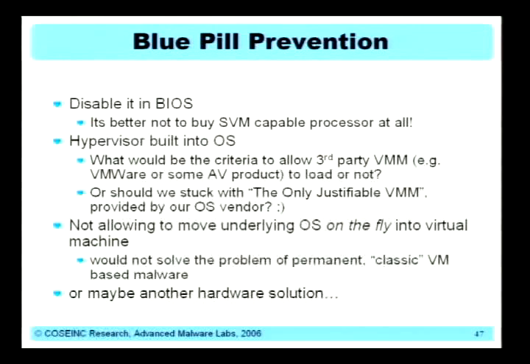We can also think about modifying SVM technology in such a way that it wouldn't be possible to move the operating system on the fly into the virtual machine. So for example, we could require that every created VM should start running in real mode, not protected mode.